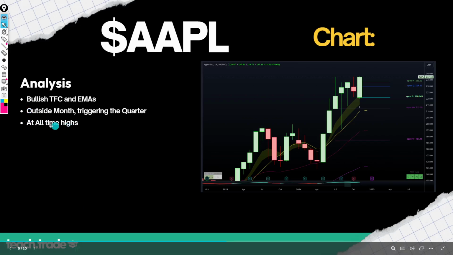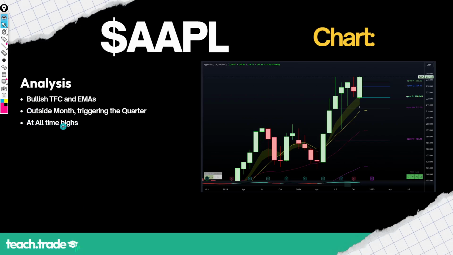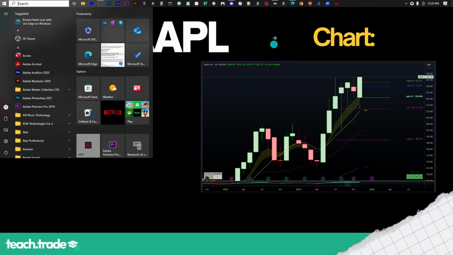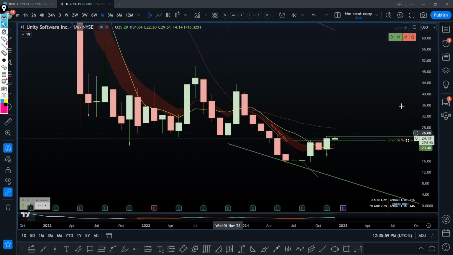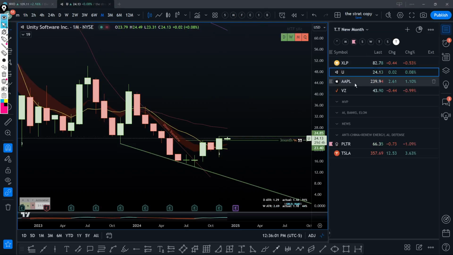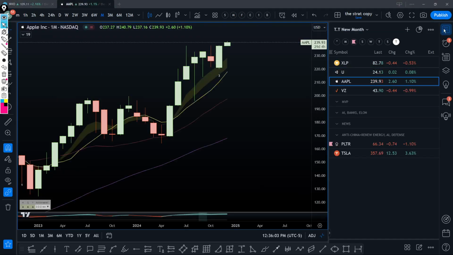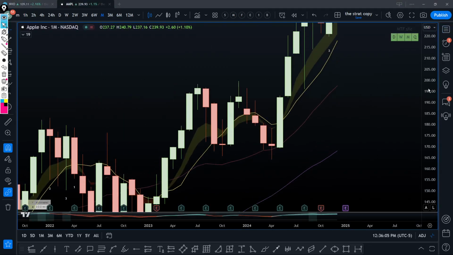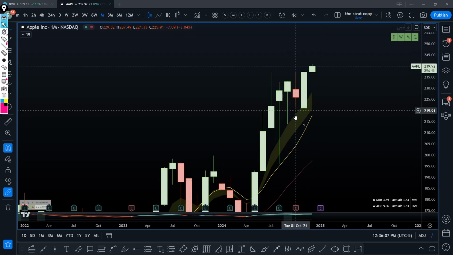And Apple is cautiously at all-time highs, but things that are high can continue to go higher, as Apple is currently doing today. So if we look in on Apple, we can see on the month time frame that outside three.